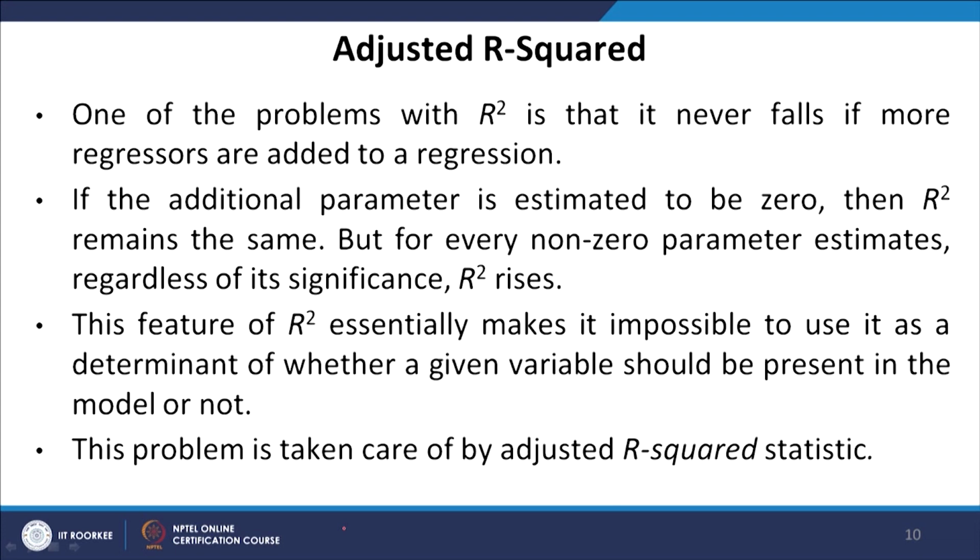This feature essentially makes it impossible to use R square as a determinant of whether a given variable should be present in the model or not. This problem is taken care of by the adjusted R squared statistic.